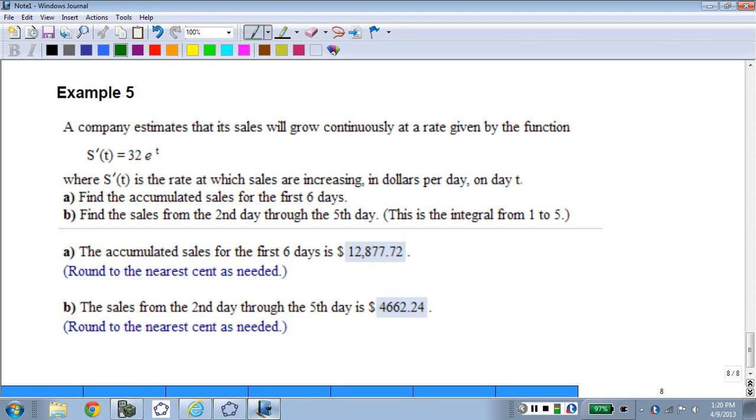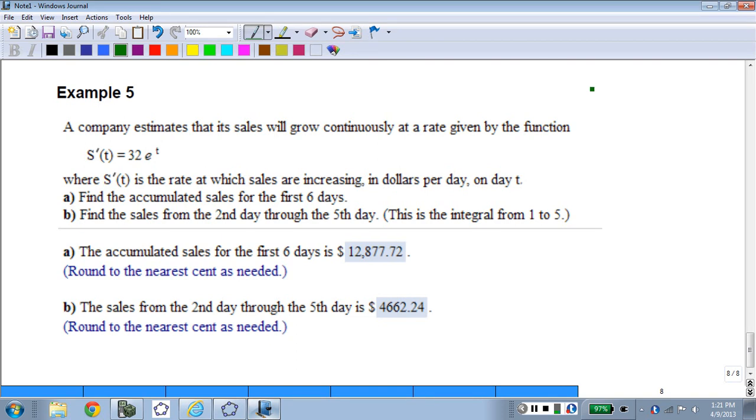Suppose we wanted the sales for day 1. Sales is an antiderivative of S prime. But we just want the sales for day 1. That would be the integral from 0 to 1. So if we want the accumulated sales for the first 6 days, I'm thinking we want from 0 to 6.